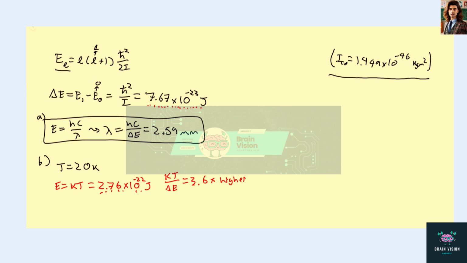So the particles, even at 20 Kelvin, are still 3 times higher than that extremely low energy rotational band, which is also explained by these extremely low energy photons of millimeter wavelength. That's why it makes sense that astronomers can detect radiation from carbon monoxide in these molecular clouds.